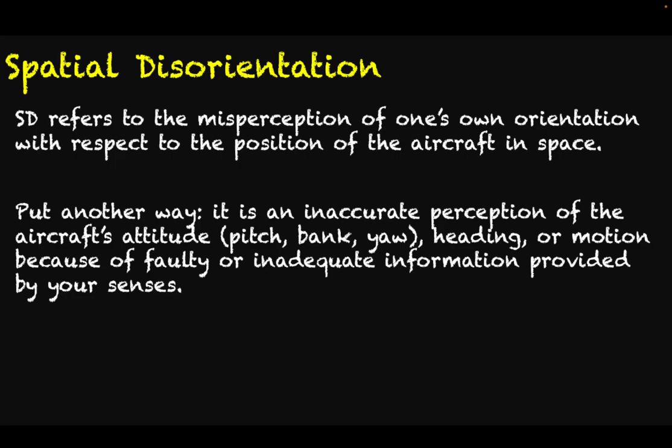So spatial disorientation is getting these things wrong. You think you're right, but you're actually wrong in reality. And the reason is inadequate or incorrect information that is provided to your brain by your senses.